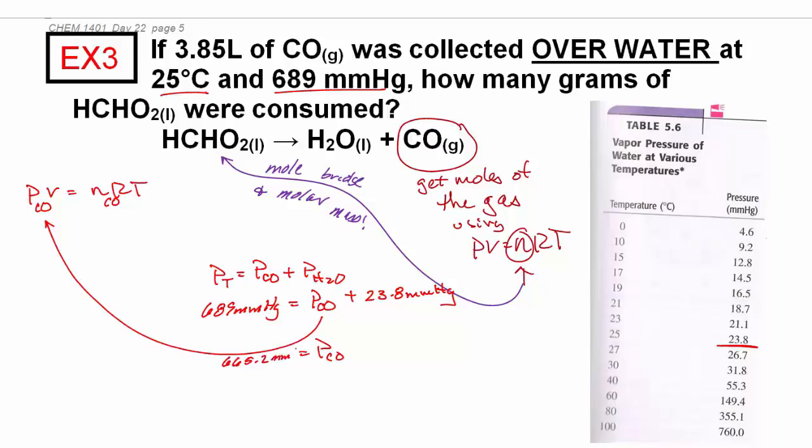millimeters of mercury. So let's convert that into atmospheres. Divide by 760, about 0.875.